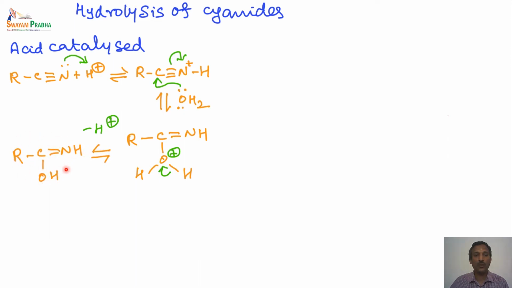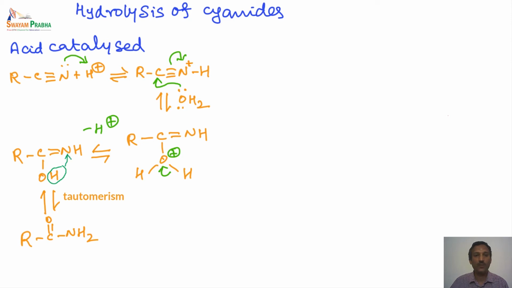This intermediate is quite unstable, so it undergoes tautomerization, because if you look at these two structures, there is a hydrogen on the oxygen and the nitrogen has one hydrogen, but in the final product the oxygen does not have a hydrogen and the nitrogen has two hydrogens. So one of these hydrogens gets transferred to the nitrogen.